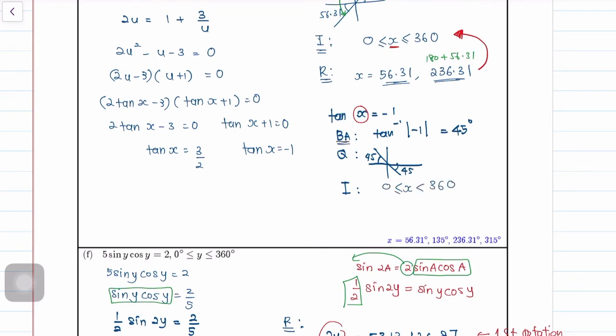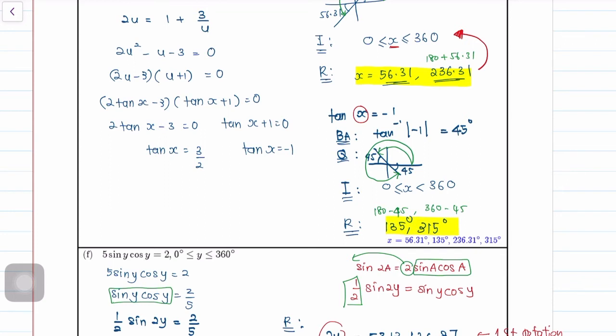So now, rotation. We take from here to here, so this is 180 minus 45. We will get 135. And this one, to here, is 360 minus 45. So, we get 315. So, the answers we get are from here and here.